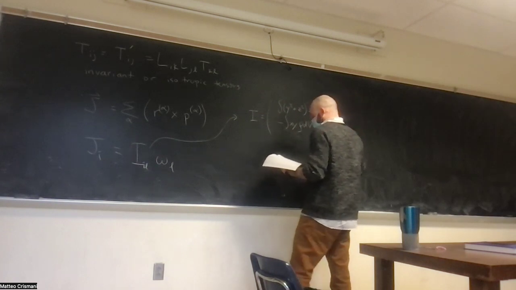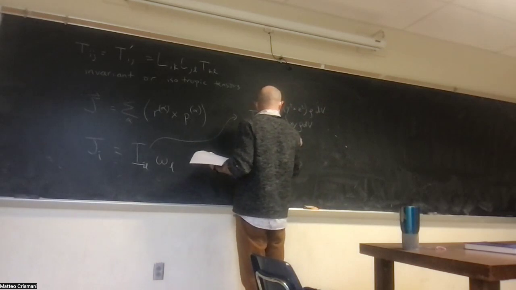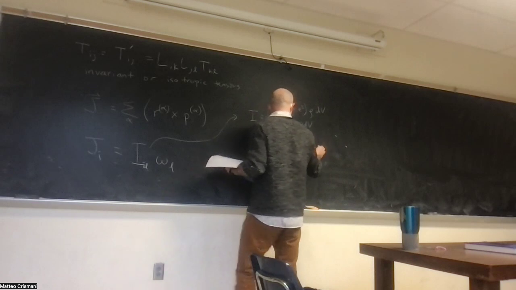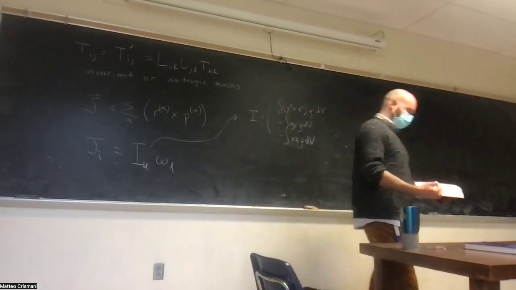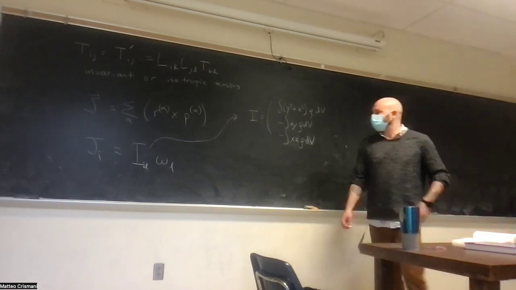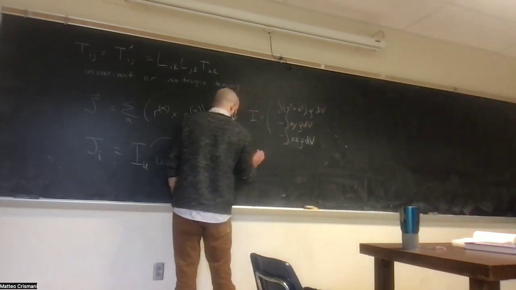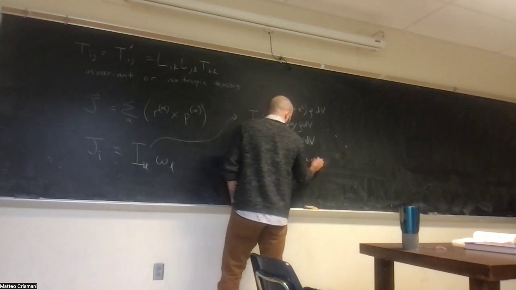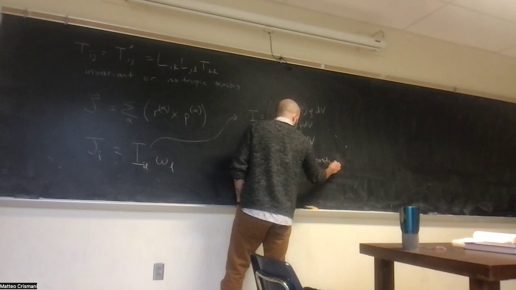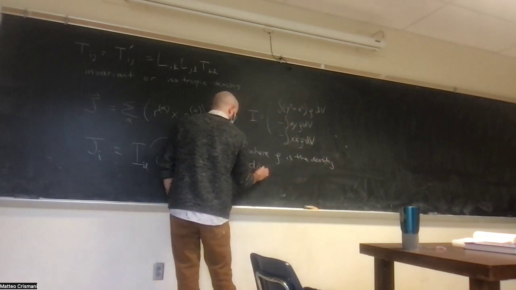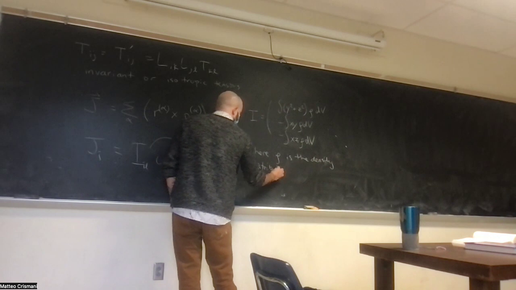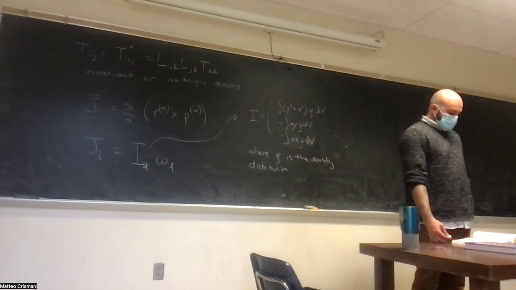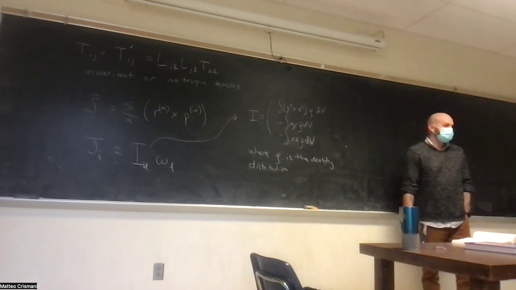Here, and then go off axis x. The rho is the density distribution. You may be familiar with something similar to this, or maybe not.